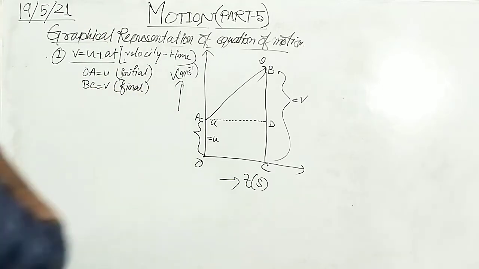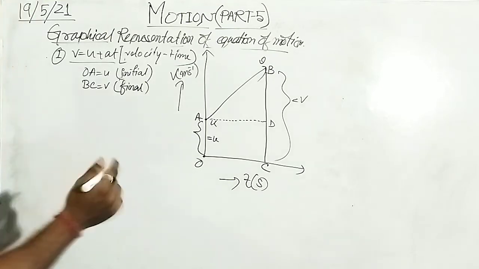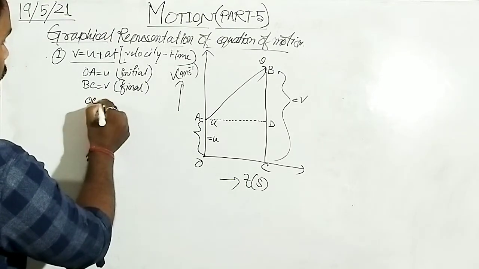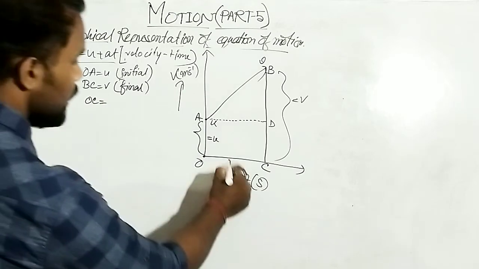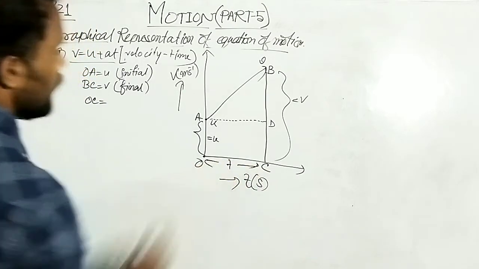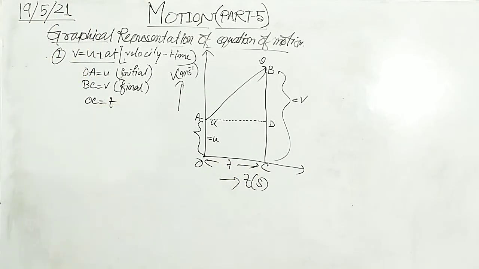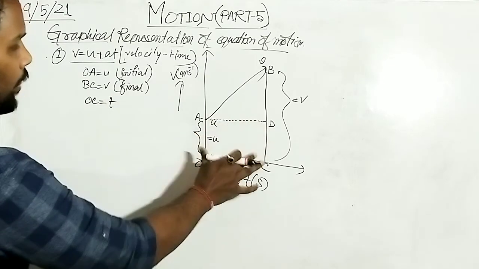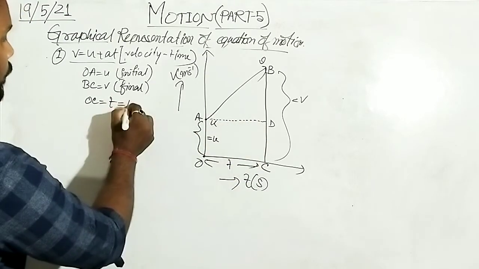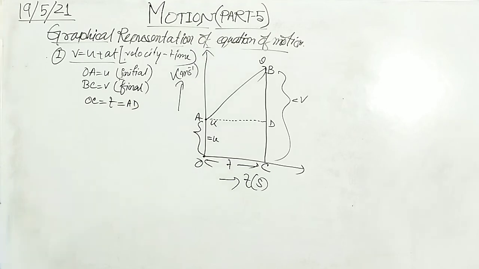Again, what can we write? OC will be how much? t. So OC will be t. Again, AD is equal to OC, so it will obviously be equal to t.